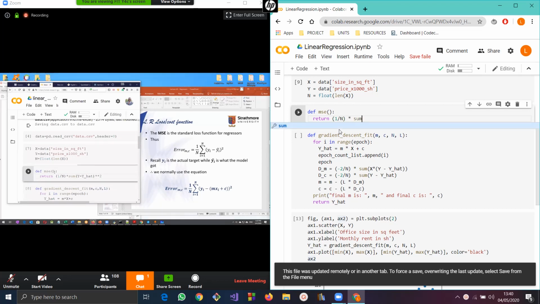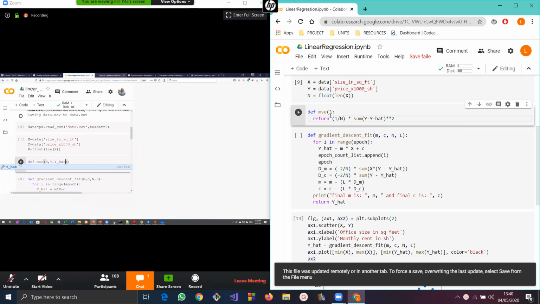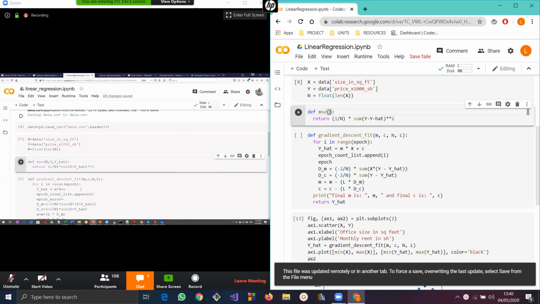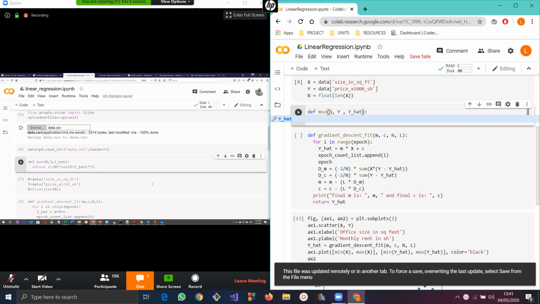That will be our mean squared error, but the function needs to know what n is. Also, it needs to know what y is, and it needs to know what y hat is. Fine.